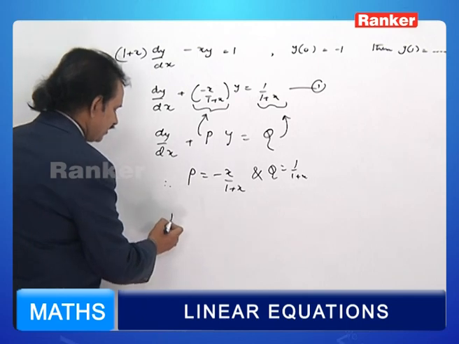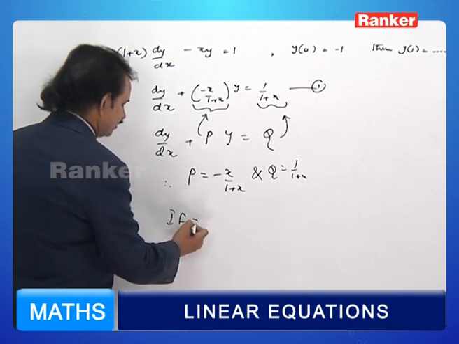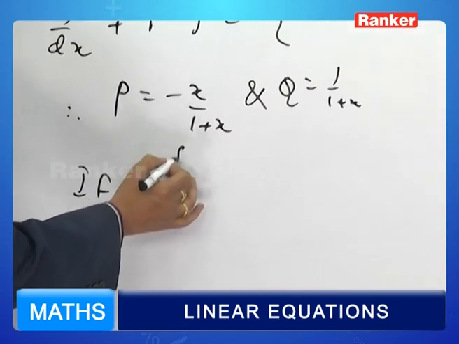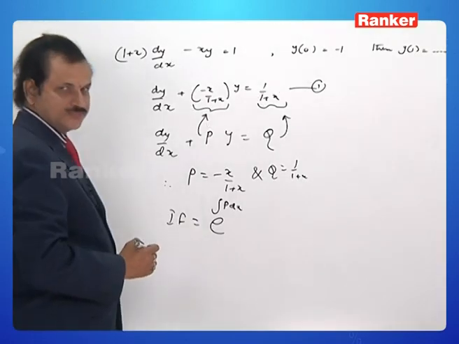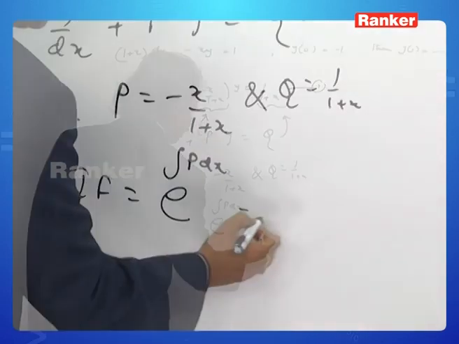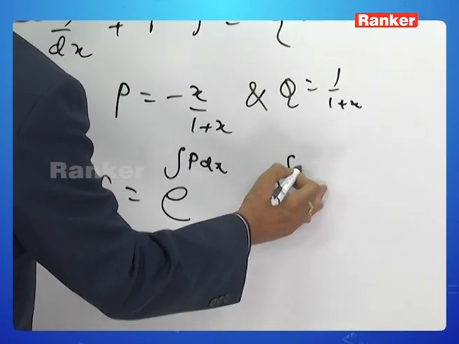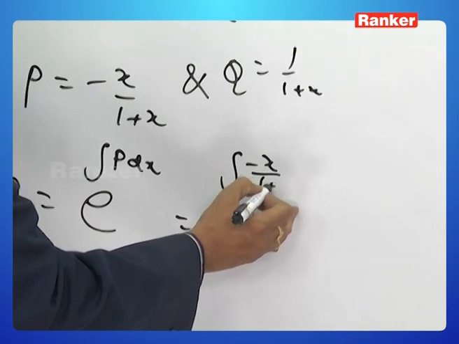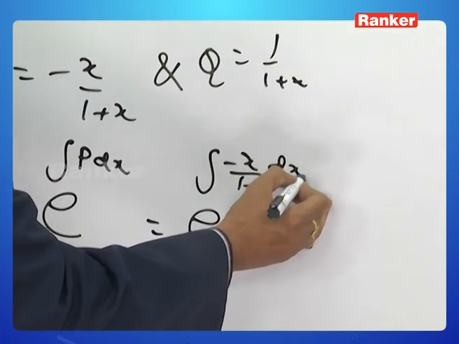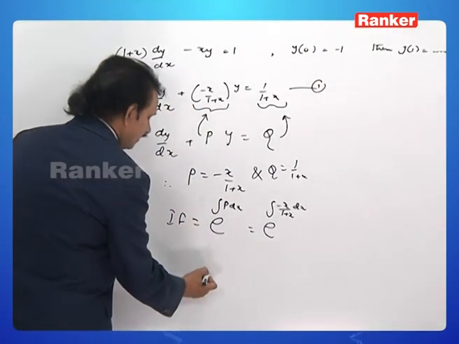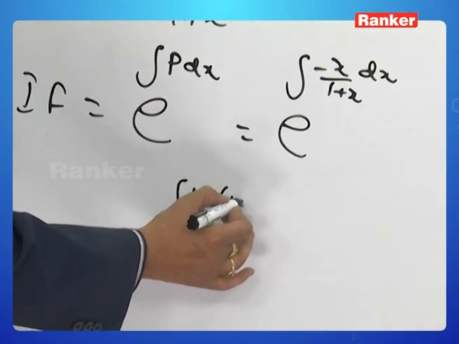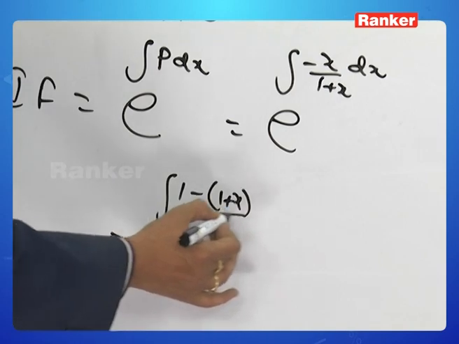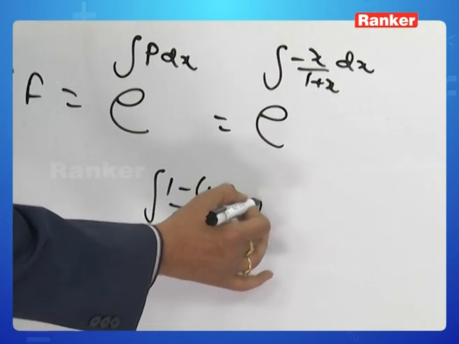What is the integrating factor for this equation? It is e power integral P dx. This is equal to e power integral minus x by 1 plus x dx. This is equal to e power integral 1 minus of 1 plus x by 1 plus x dx.